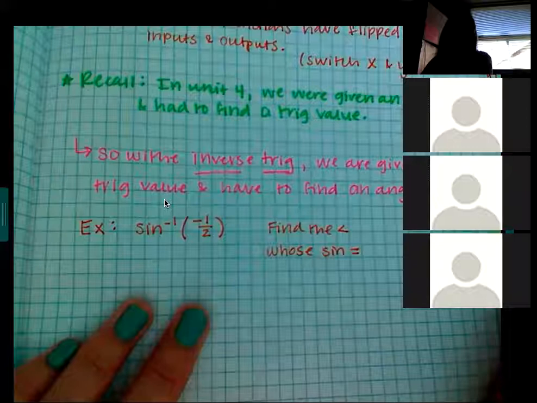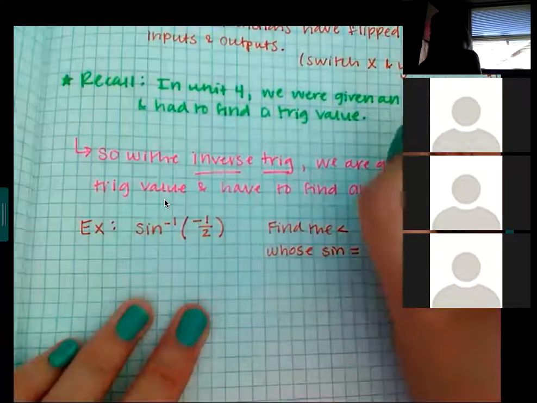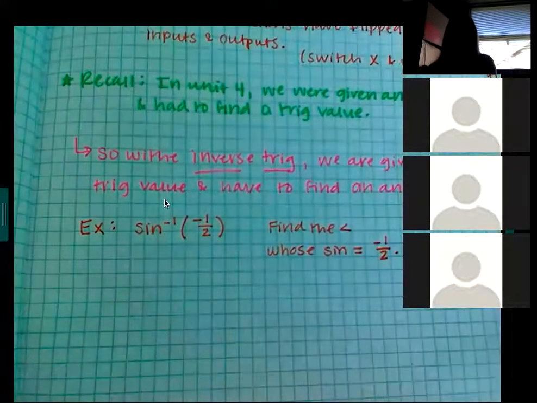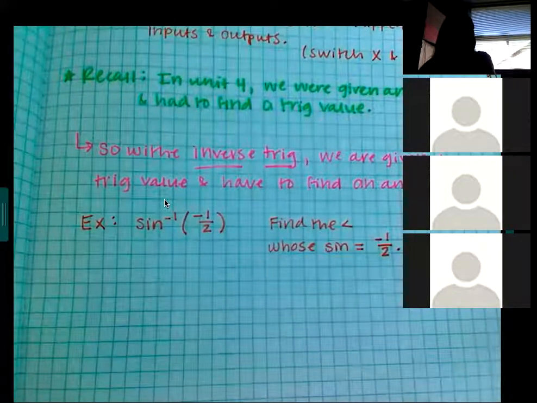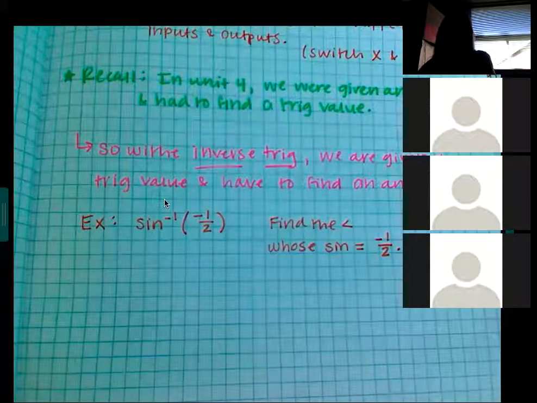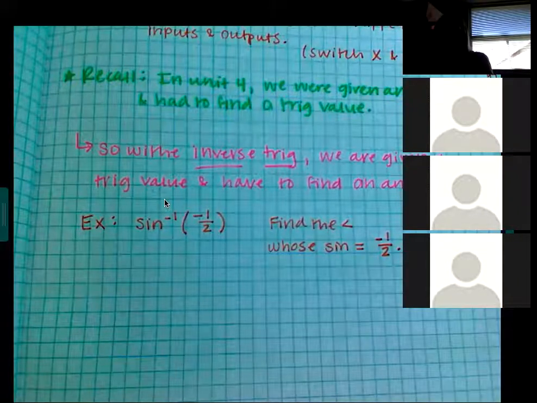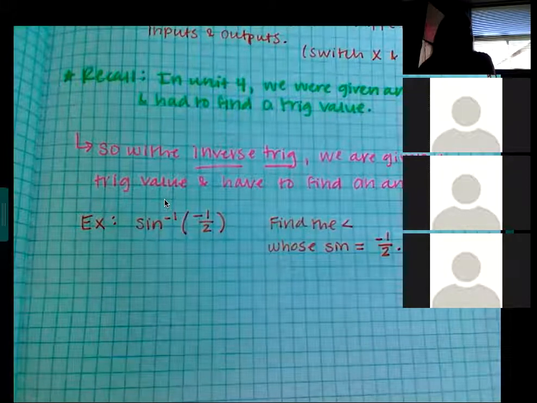What should the sine equal? -1/2. That's the value. We're looking for the angle. That is what this means. Find the angle whose sine is -1/2. You're looking for the angle. We're just doing the opposite, the backwards, like Chris said. That's what an inverse is.